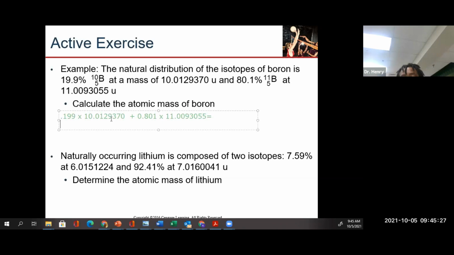So this would be 1.99, plus multiplying this by this, again 3 sig figs multiplied by 9 sig figs.